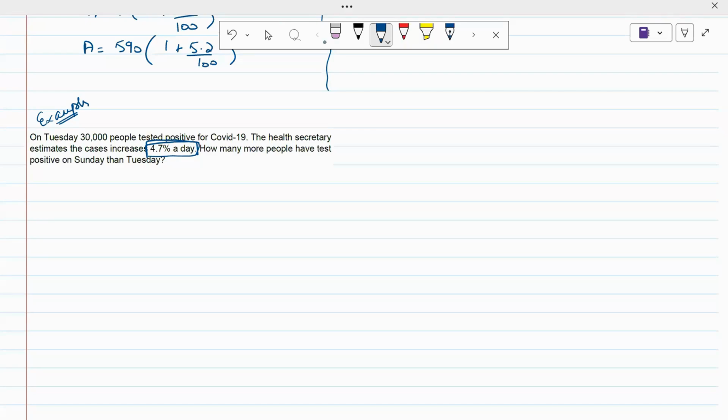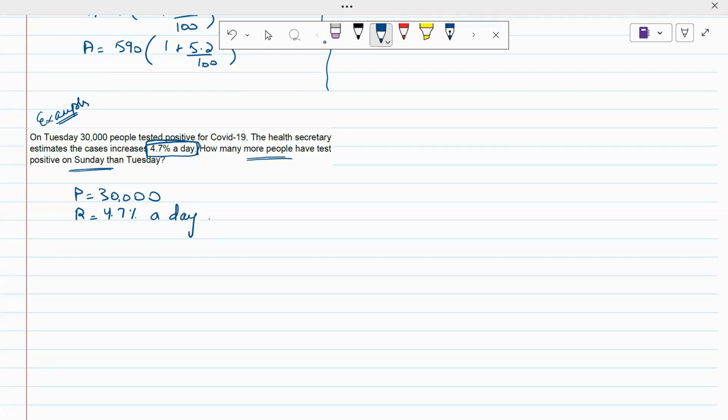So we have the initial value, which is the 30,000 people, increasing at the rate of 4.7% a day. How many more people have tested positive on Sunday than on Tuesday? More people means we have to find the difference.